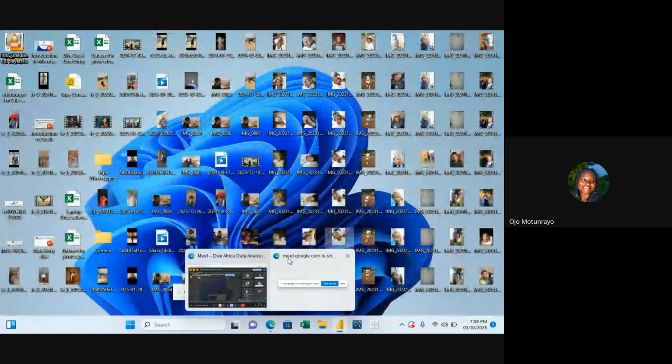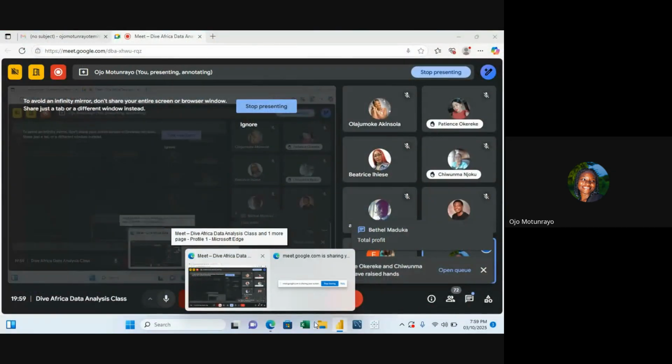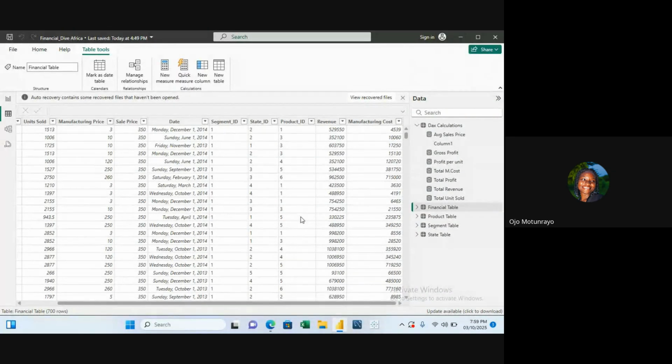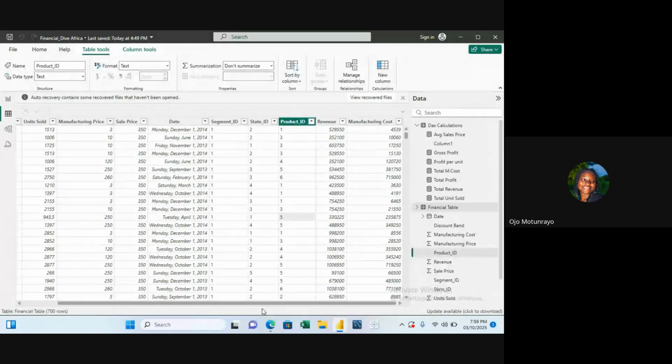I'm seeing total revenue minus total expenses. People are raising their hands.